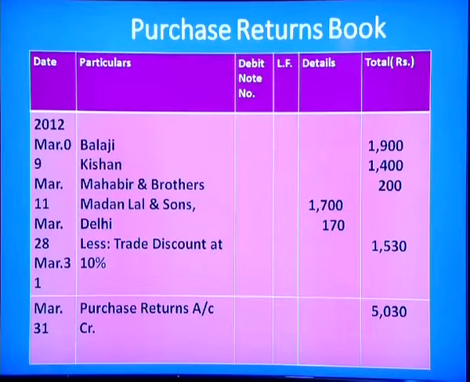Similarly, the details of the supplier from whom we bought and how much amount is returned will be written in the particulars and amount columns. Corresponding dates will come. But if there is any discount, then you have to deduct that discount and the remaining amount will come in the outer column. And you have to total all the items.